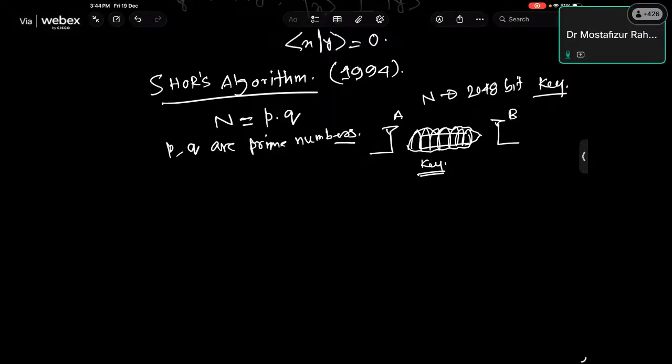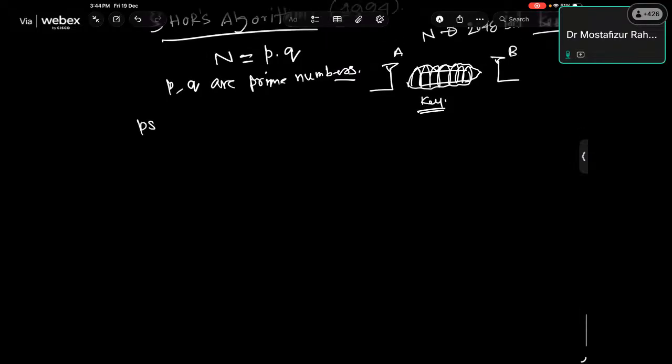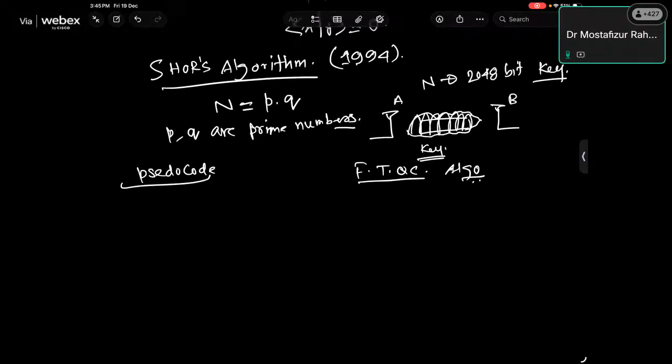Okay, so basically how does this Shor's factoring algorithm work? Let me write a pseudocode for this. It's a fault tolerant quantum computing algorithm, FTQC, so you cannot fully implement Shor's algorithm, at least till we have fault tolerant quantum computers. But some of the subroutines you can run on a quantum machine.